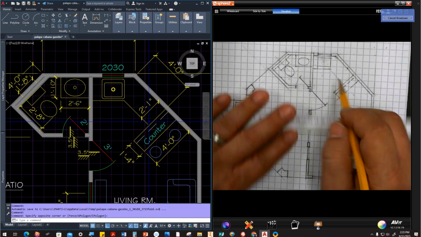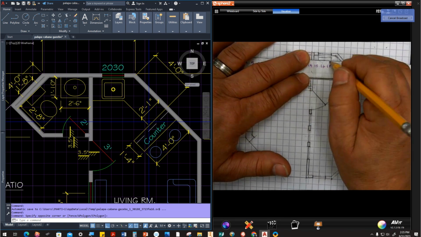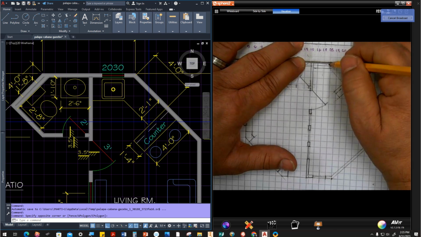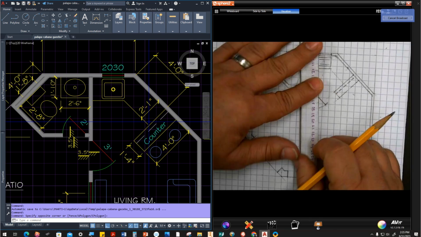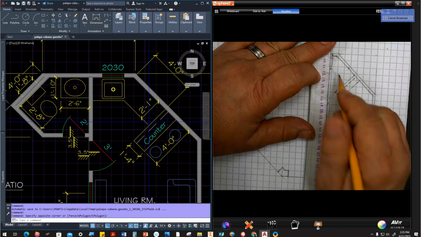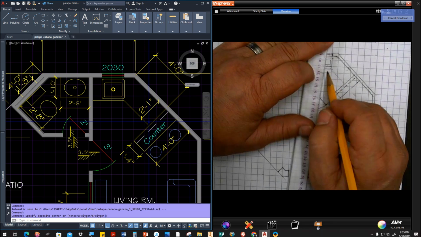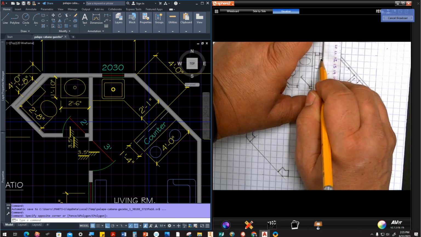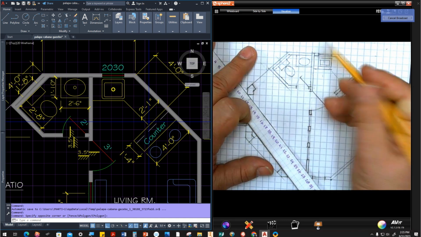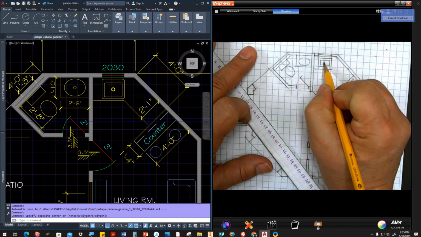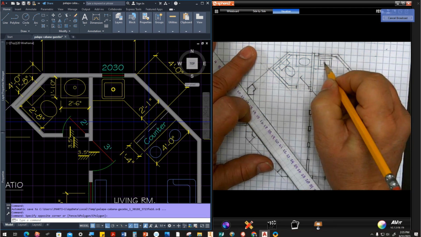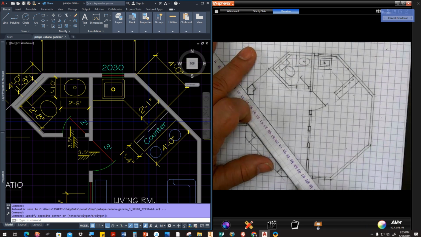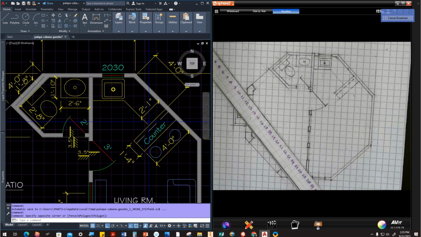Okay, and here you can make another rectangle inside with margins of like 2 inches. And a little circle for the drain, the main drain. And there you have a nice symbol for a single bin sink.